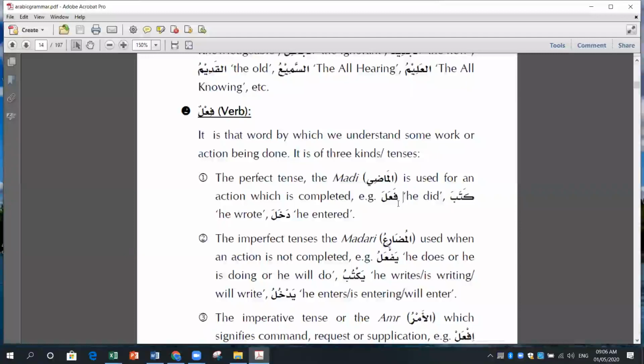There is no word alama, like he knew. As I said, sajada means he prostrated, but if I want to say he knew in past tense, there is no word alama. It's alima by default. We have to follow the pronunciations as Arabs pronounce these words, right?